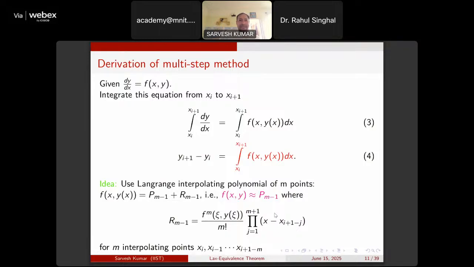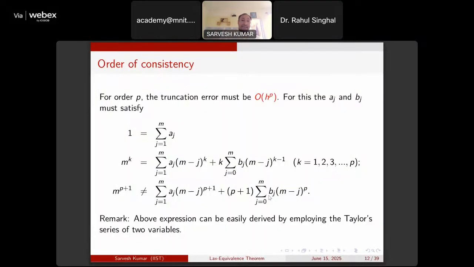So how do we derive this multi-step method? It's very straightforward. You integrate this from xi to xi plus 1, and this function f, you can approximate by polynomials. You can use a Lagrange interpolation polynomial. Suppose this, and then you can generate the schemes. Then, as I said, we have to worry about 3 things: the consistency, stability, and the convergence.